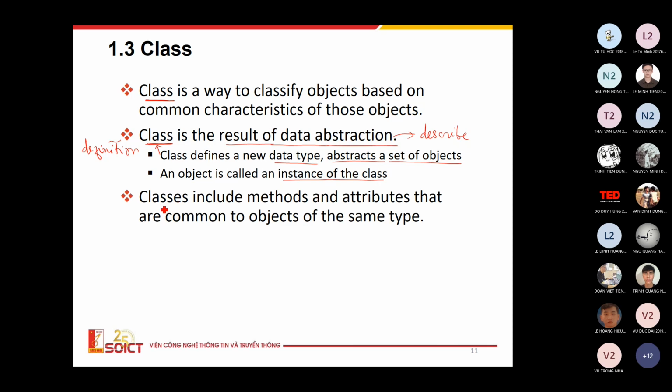And in the class, you can include the methods and the attributes that are common to objects of the same type. We talk about the attribute and we talk about the method. The attribute is something related to the state of this object, and the method is something related to the behavior of this object. Remember it, I remind you about it. We talked about it already.